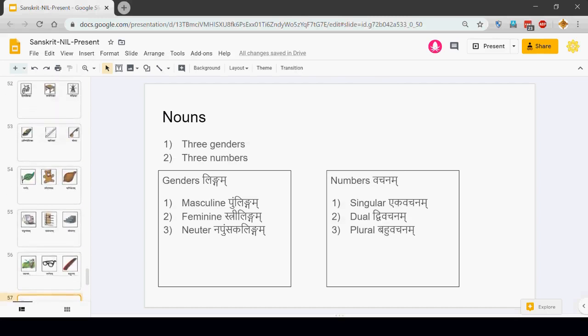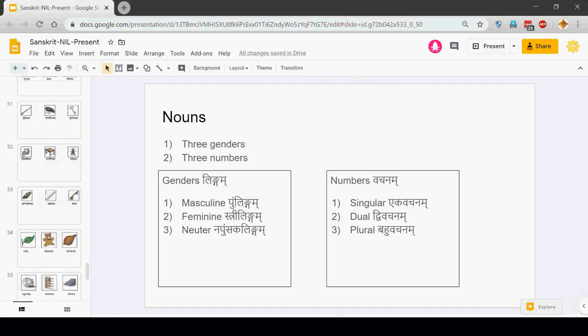So far, all the words we have been looking at and practicing in this class and the slides are all nouns. In language, we use nouns and verbs primarily, and especially in the Sanskrit language, there are two types of usable words: nouns and verbs.